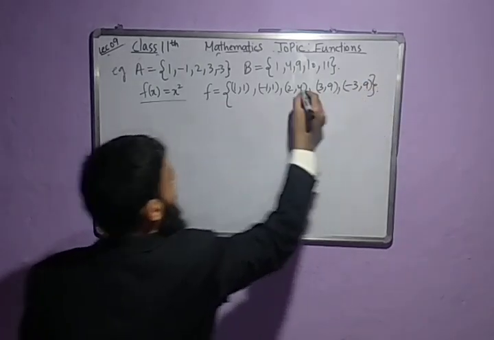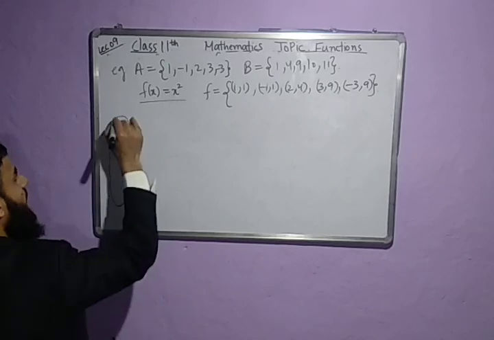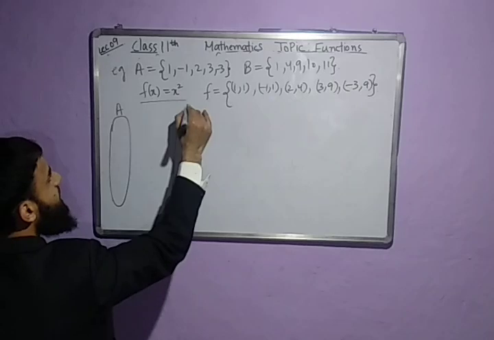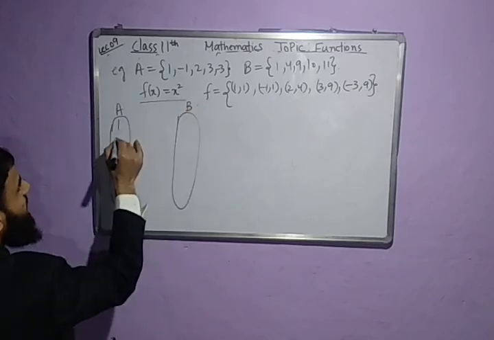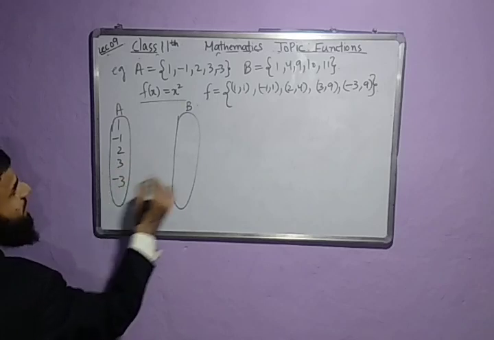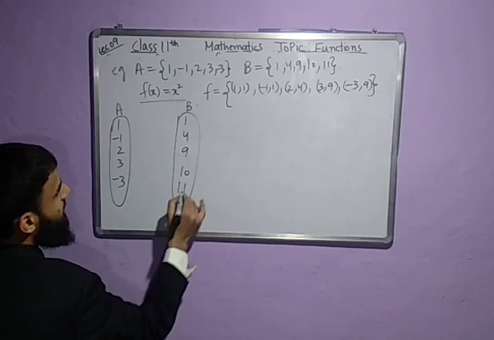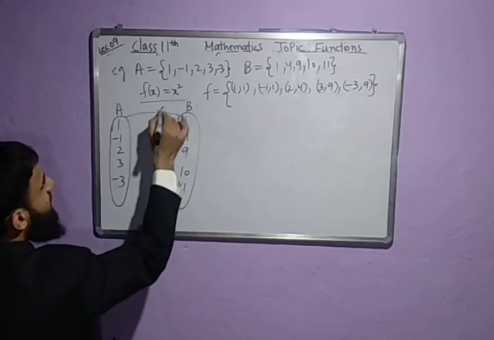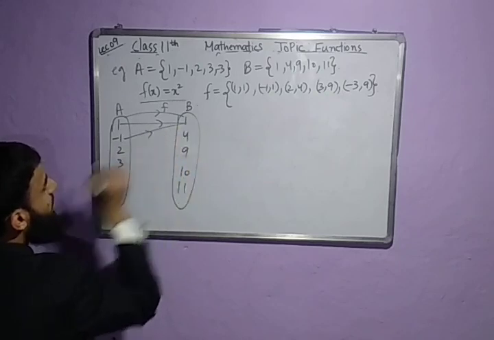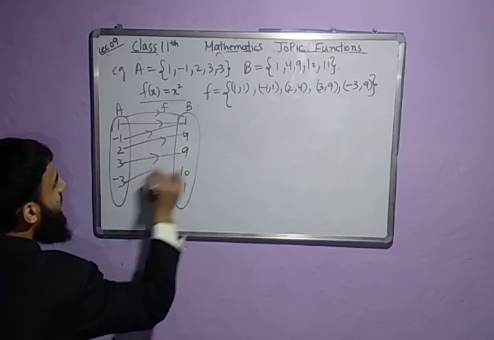Now if I write this function in the arrow diagram representation, it will look like this. In the A set I have 1, -1, 2, 3 and -3, and in this set we have 1, 4, 9, 10 and 11, and it is a function f from A to B. 1 is related to 1, -1 is also related to 1, 2 is related to 4, 3 is related to 9, -3 is related to 9.